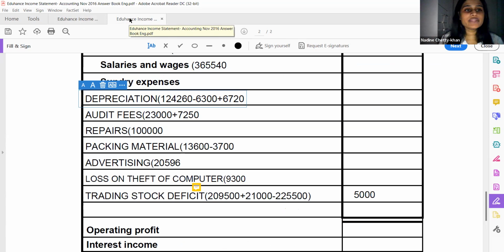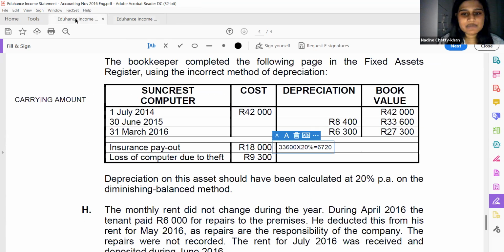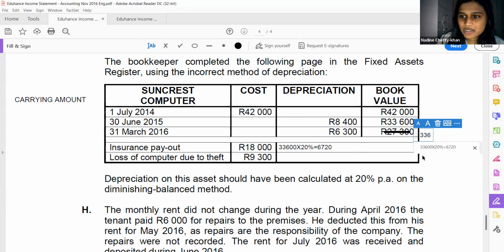Now, that's not the only thing that would have been impacted in our income statement. Remember, the loss on the computer will also be impacted because the carrying amount at the end of the year is not 27,300. It will be the carrying amount from last year of 33,600 minus the new depreciation of 6,720.